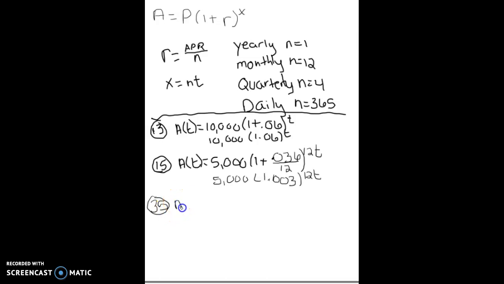So our formula, we've got $2,500 to start, 4% quarterly. So we've got to divide it by 4, chop it up into 4 parts of the year, but then we're also going to raise it to 4 times 10 because it's 4 times a year for 10 years.